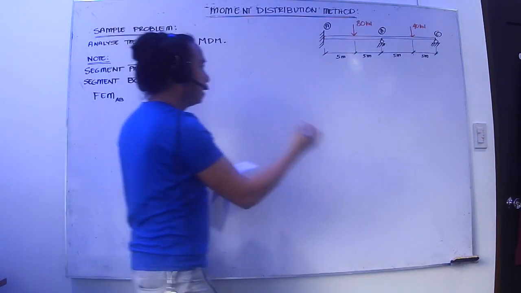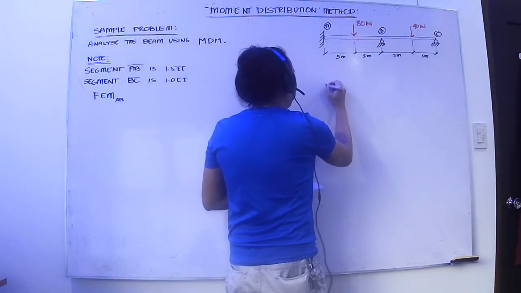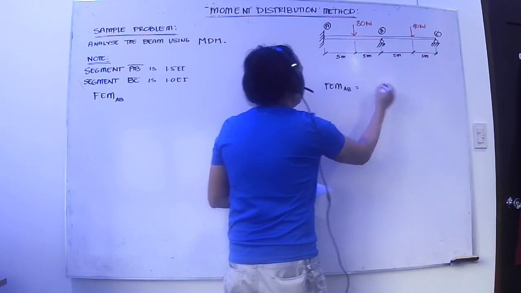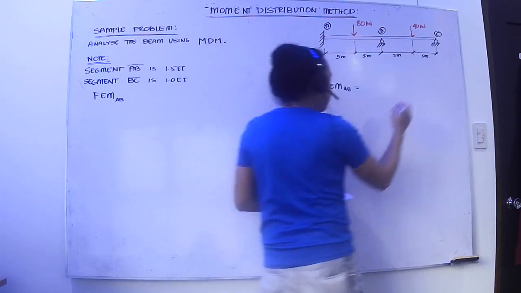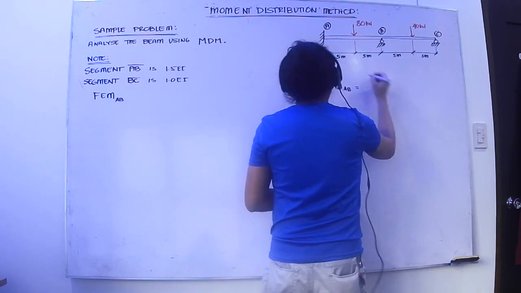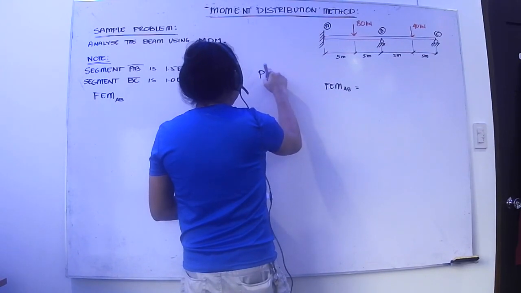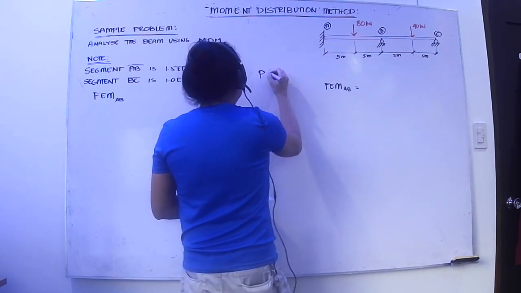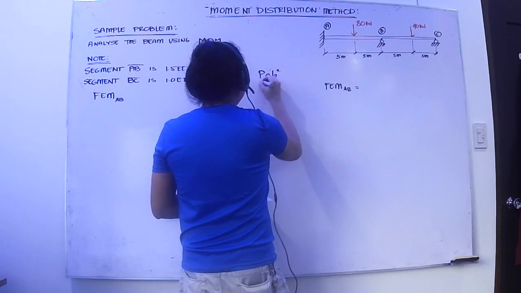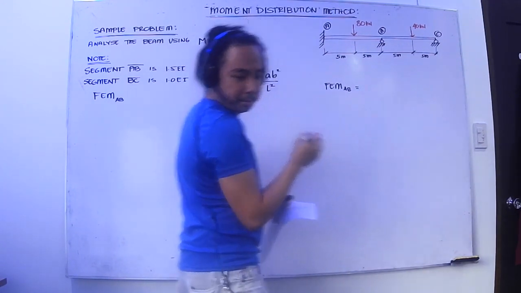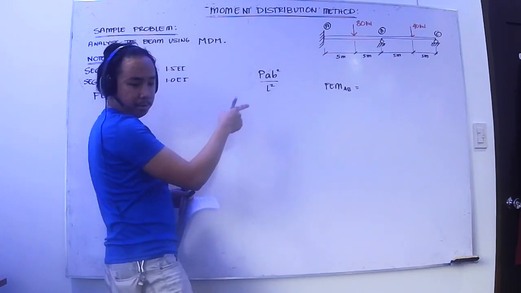FEM AB is P times a times b squared over L squared.